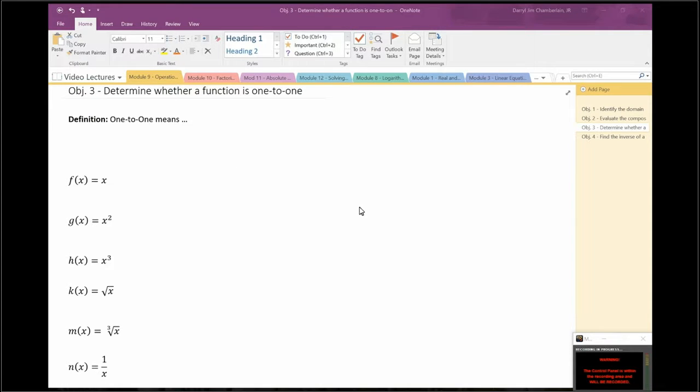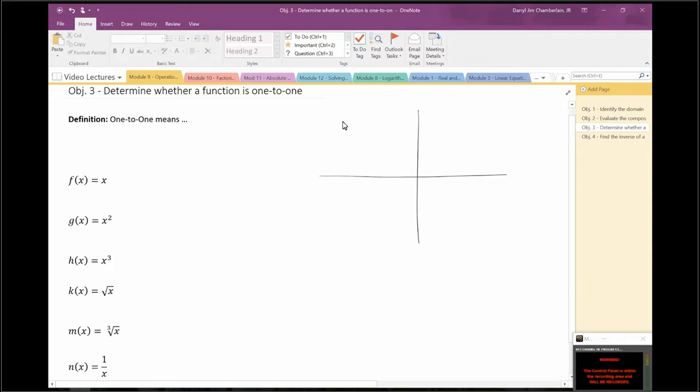So, one-to-one is an idea like function. For a function, what we're saying is every x has exactly one y value.